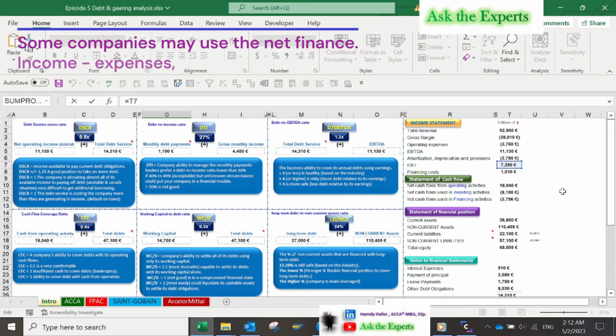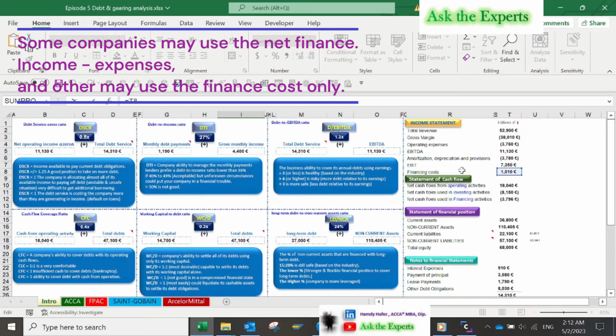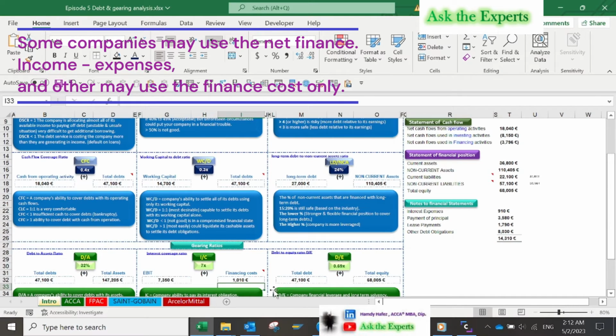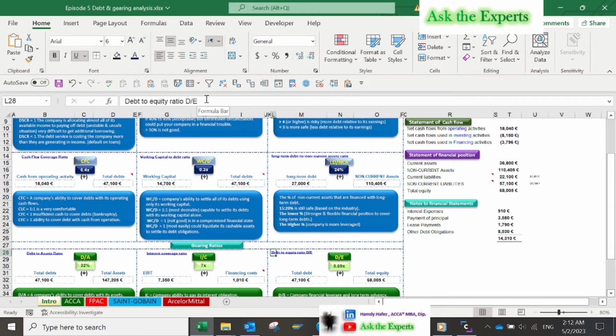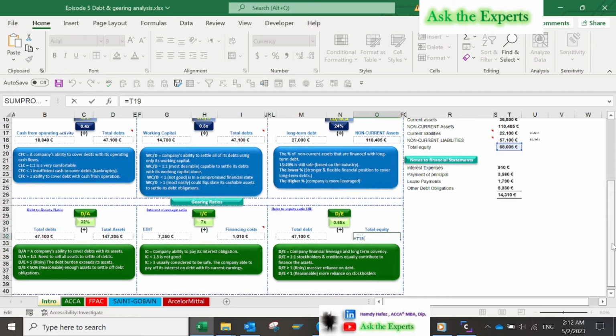It is based on each case of business or industry, as some companies may use the net finance income minus expenses, and others may use the finance cost only. Finally, the debt-to-equity ratio, D/E, is equal to total debt divided by total equity. It's the company's financial leverage and long-term solvency.